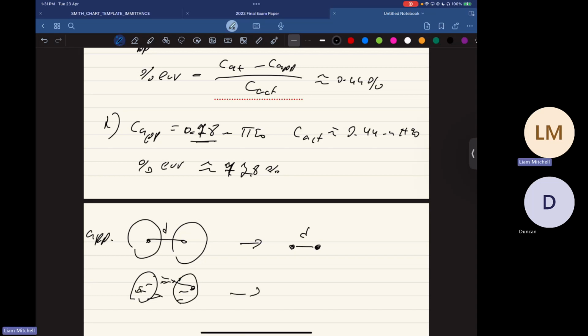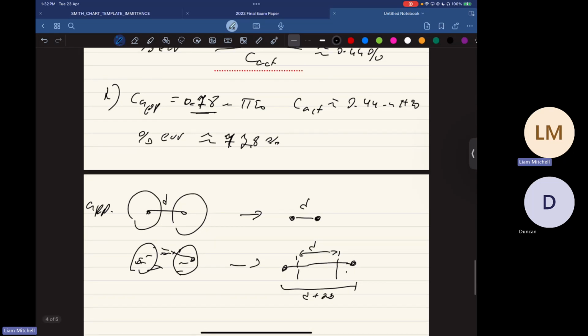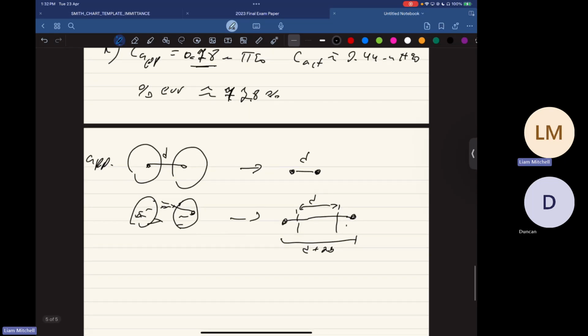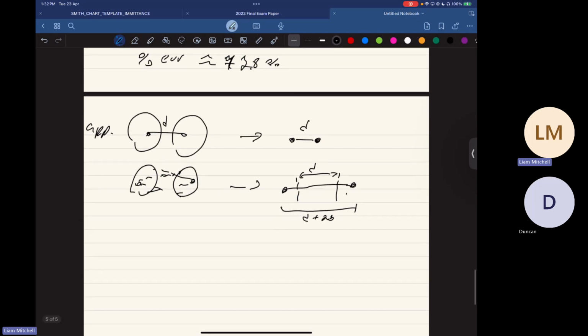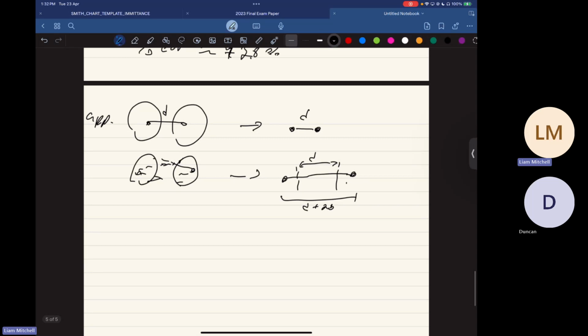These are the centers. This distance is d, but the charges are actually going to be d plus 2b, where b is the offset from the center, from the origin, because of the method of images, because of the reflection of the charges across the sphere, across the cylinder.